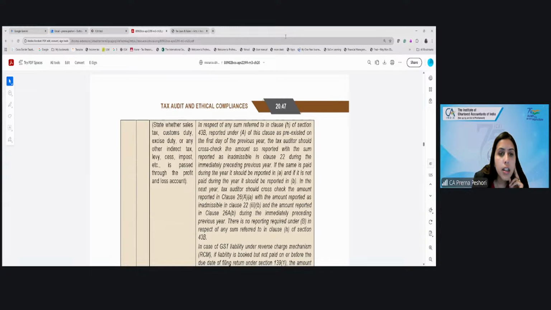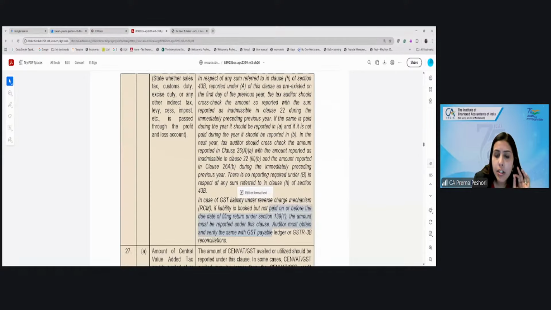Okay. So in respect of the GST liability under the reverse charge mechanism, if the liability is booked but not paid on or before the due date of 139(1), then the amount must be reported under this clause, and you can verify the same from the GST 3B or the ledger reconciliation.